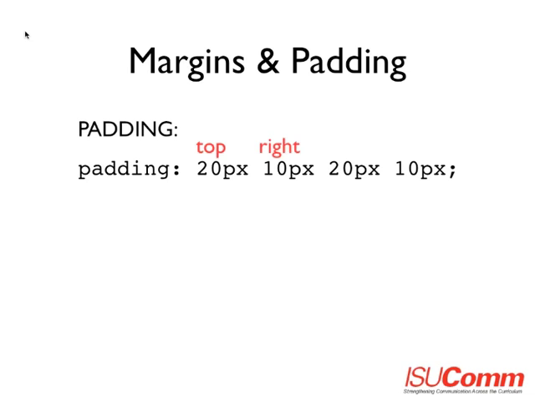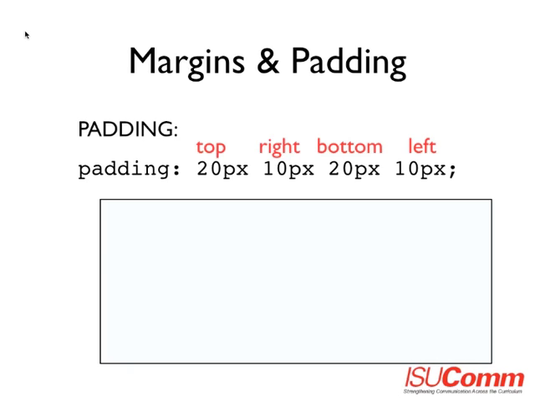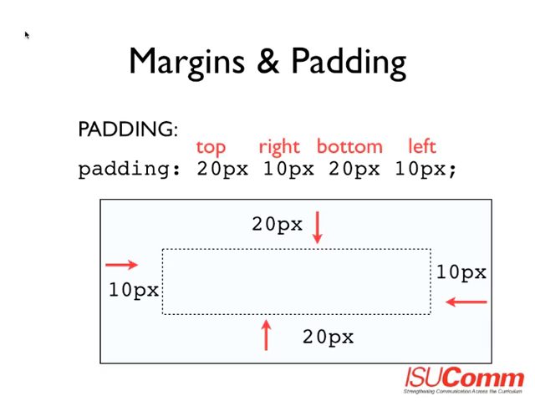So the way this would work is if we had an object here, this giant rectangle, we wanted to make sure there was space on the inside of it, we'd say push some space from the top 20 pixels, push everything from the right inward 10 pixels, push everything from the bottom inward 20 pixels, and everything inward from the left 10 pixels. And so what you'd have is a much smaller space to work with in terms of adding content because we've pushed everything in with this padding. Just think of it as you're adding some cushion room on the inside of your objects.